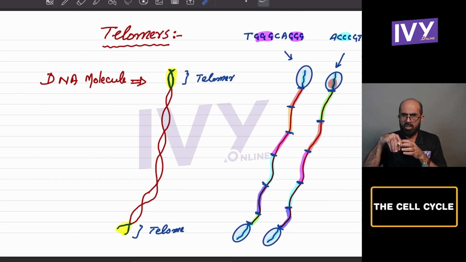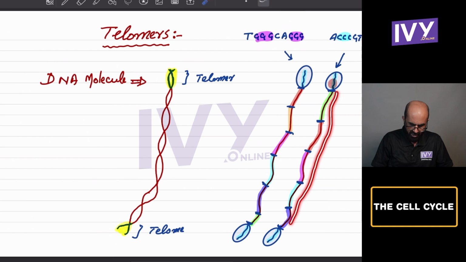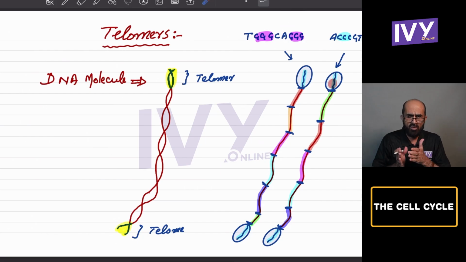Otherwise, it will not copy the code which is just beneath the DNA polymerase. So the DNA polymerase will copy the entire strand. However, it will reach only half of that region. So again, it misses that part. And after each cycle, it just moves a little and leaves the other part of the DNA. So that's why we say that the telomere will not be copied.